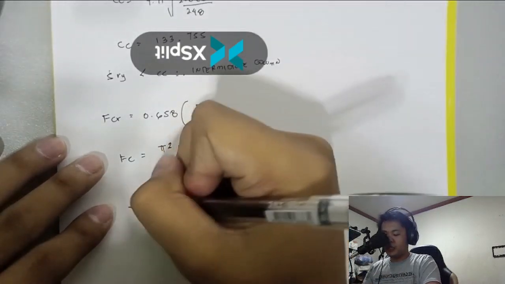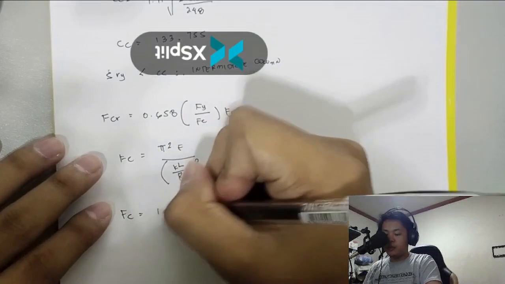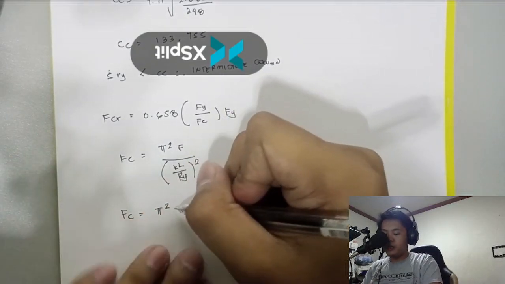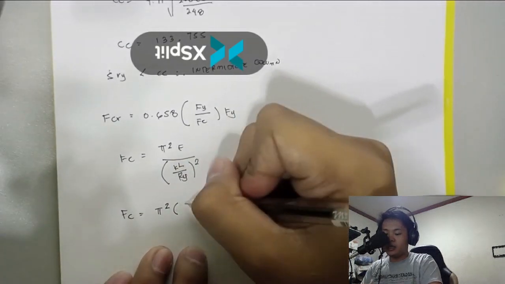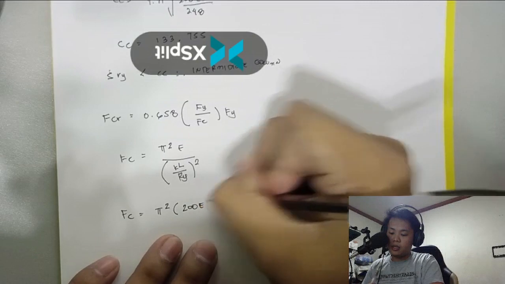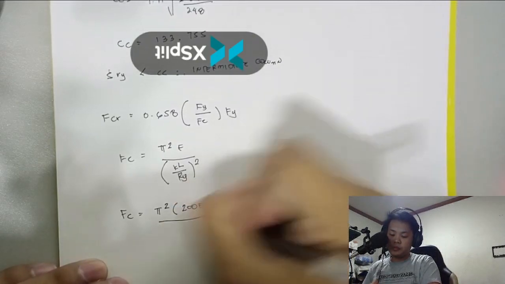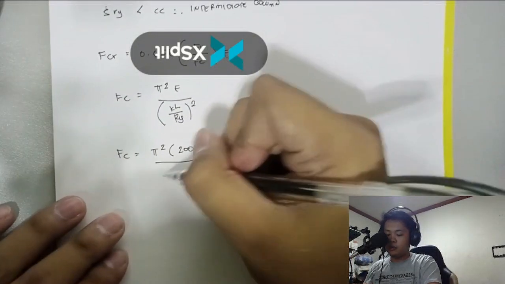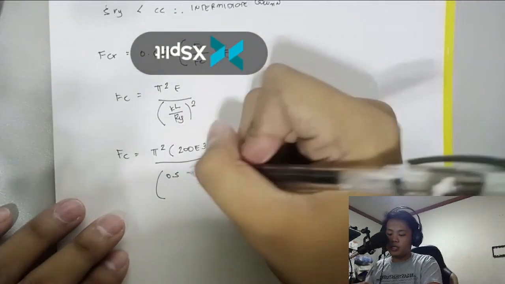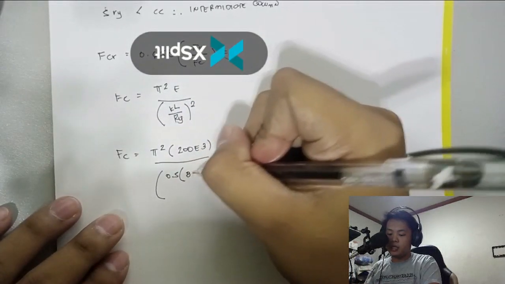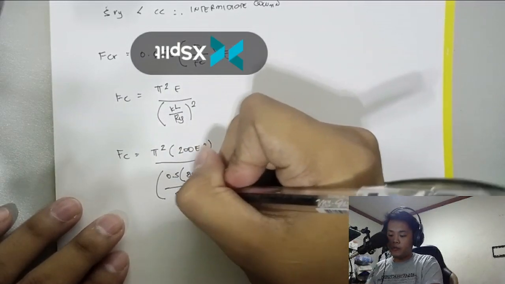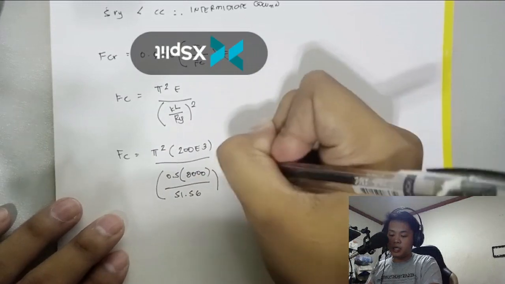So direct substitution lang, pi squared, multiply the elasticity modulus, so 200 times 10 raised to 3, and over K natin yung stiffness na 0.5, multiply the length na 8,000 millimeter, and RY na 51.56, raised to 2.